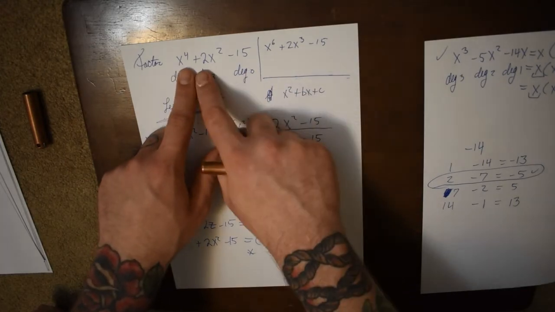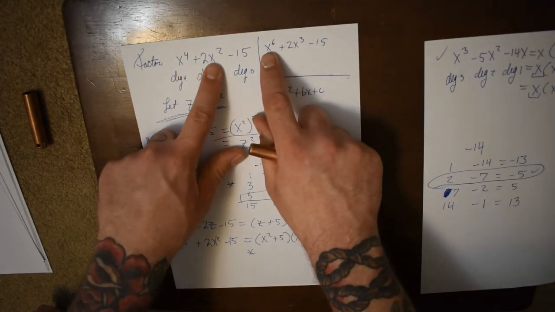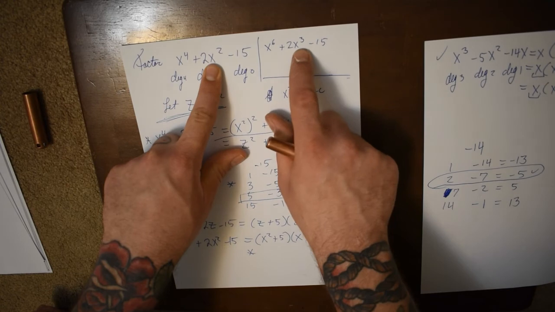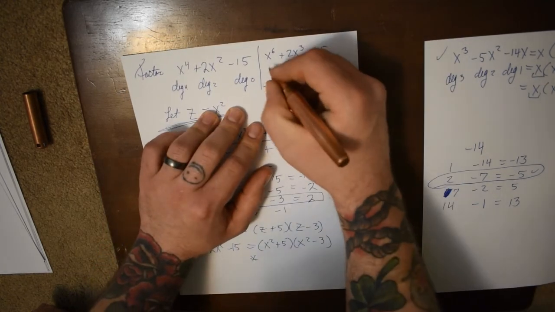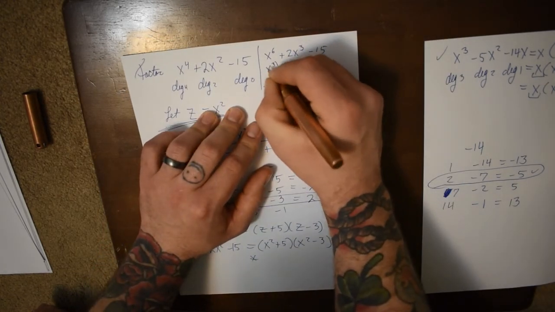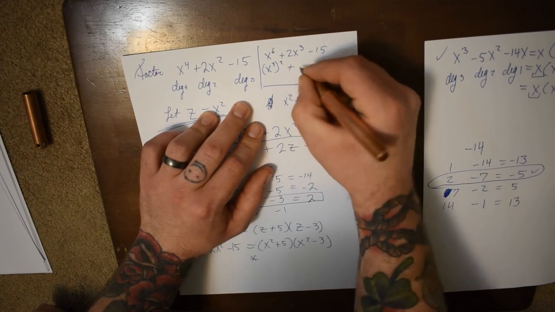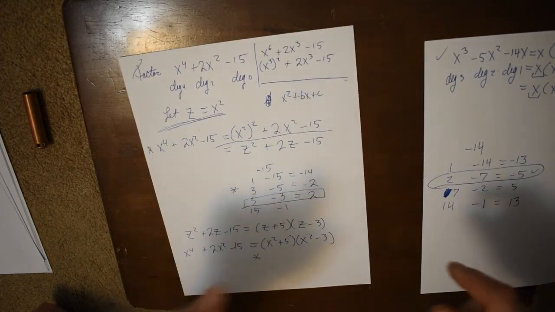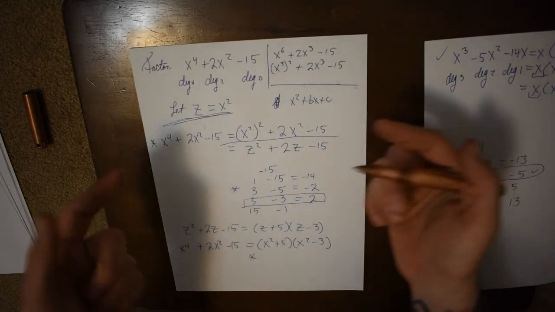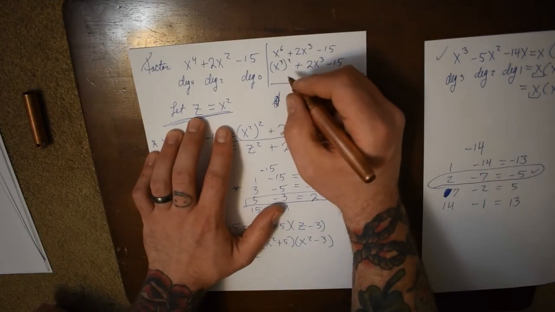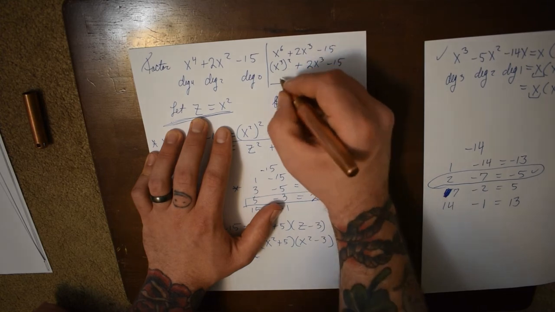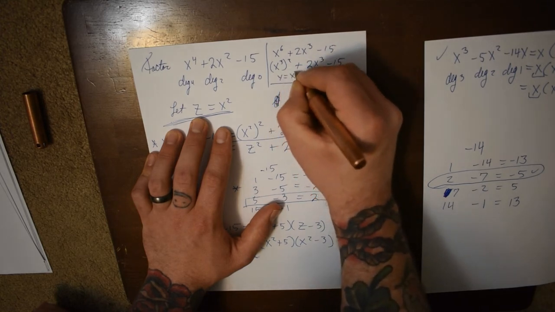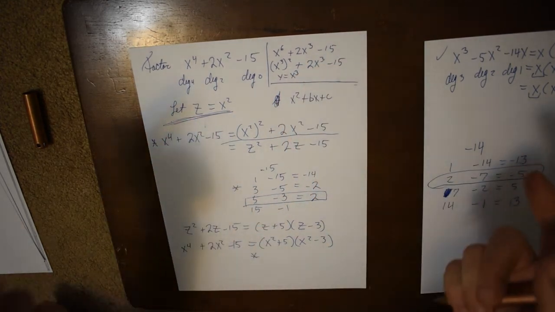All I did was change x to the 4th to x to the 6th and x squared to x cubed. But this is still x cubed squared plus 2x cubed minus 15. And in this problem, I don't want to write z because I have z right there. We'd let y be equal to x cubed, and we'd go through and do the same process.